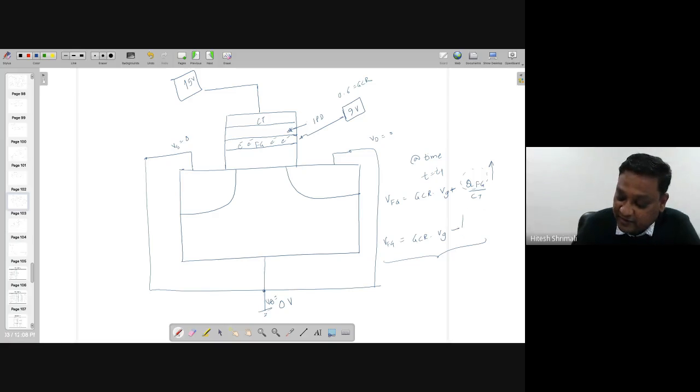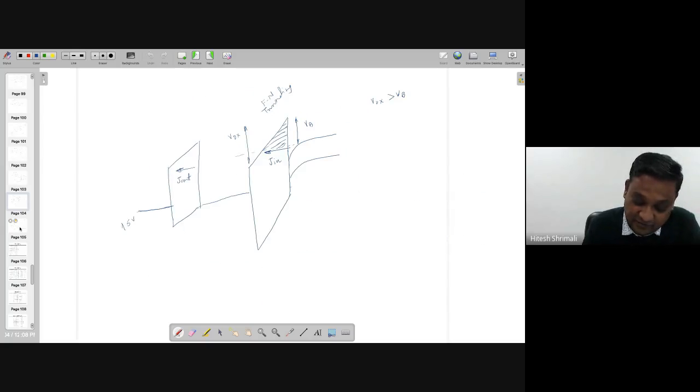So this term is relatively minus, or you can say that VFG, if you look at this diagram, will go up, because now it's not 9 volt, but it's going to 8 volt, 7 volt, depending on the time, right? As it is going up, you are going to change the tunneling.